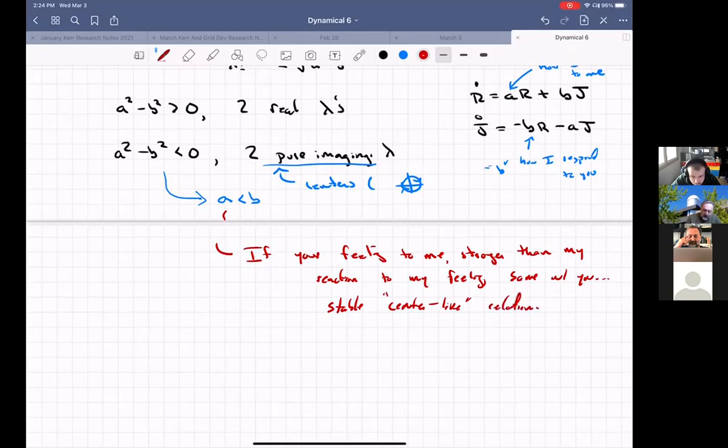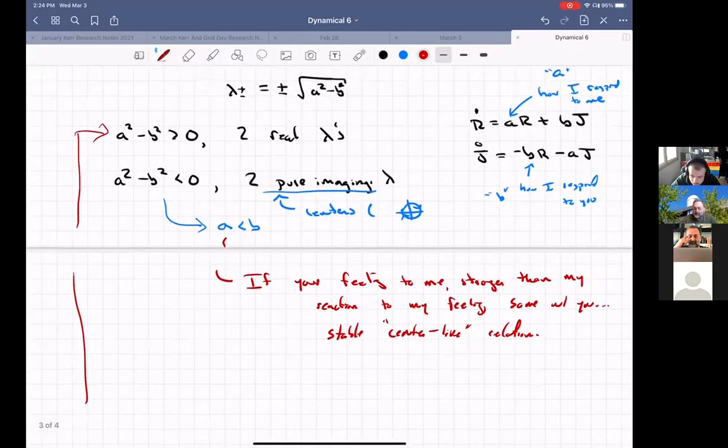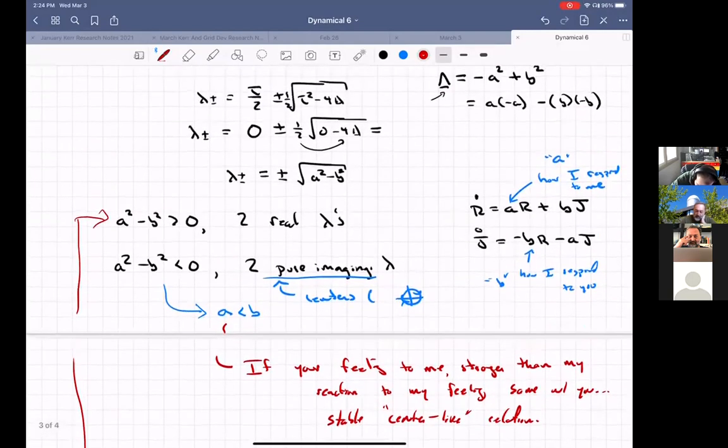Now, the other case: Romeo's reaction to himself is now stronger, and Juliet's reaction to herself is now stronger than the other way around. Then we have two real eigenvalues.